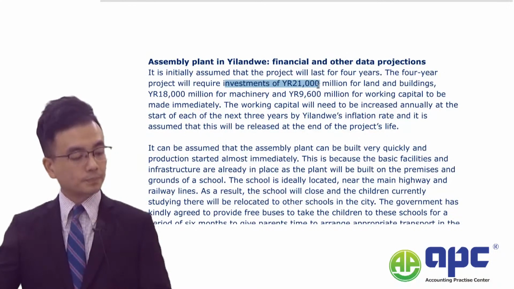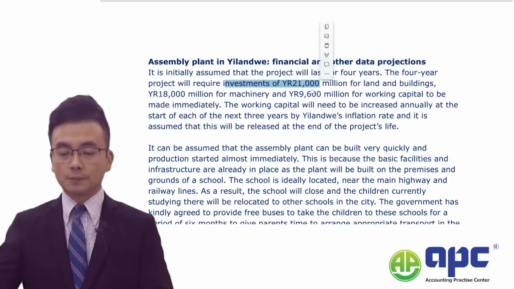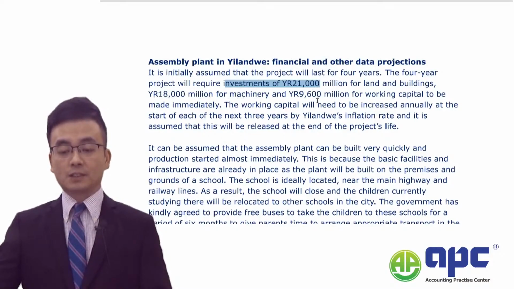Alright. So it's fine now. And for London buildings, 18,000 for machinery and 9,600 for working capital.